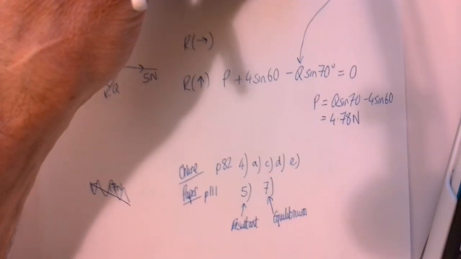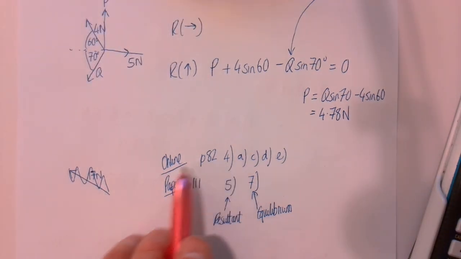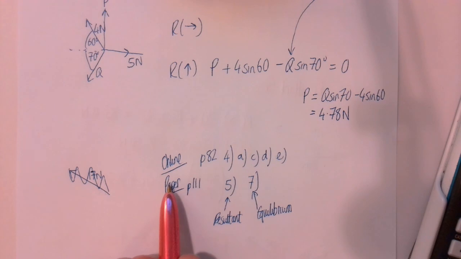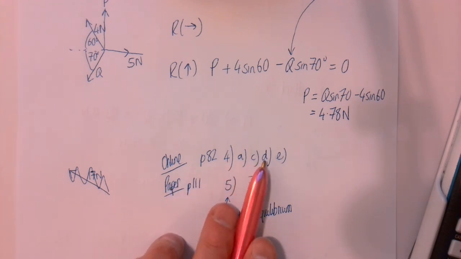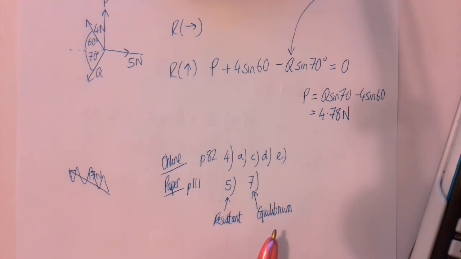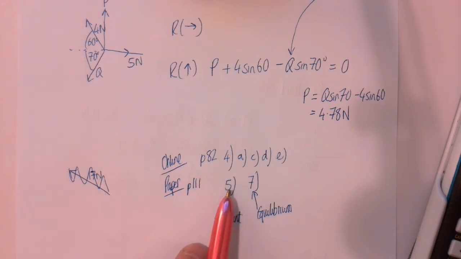Okay, a little bit of practice. So firstly, some practice of equilibrium problems. In the online version it's page 82, paper version page 111, same exercise, question 4, A, C, D and E. And then particularly for those physicists who have done this and probably have skipped through this video, can I suggest that you have a go at question 5 and 7, which is on page 82/83 if you're on the online version, and still on page 111 in the paper version.